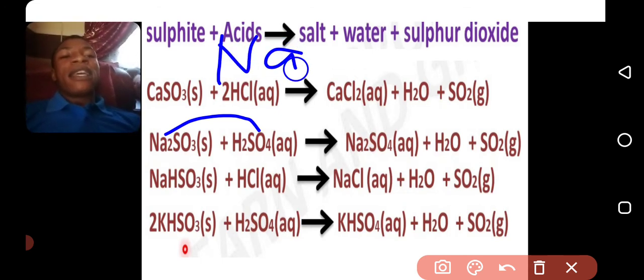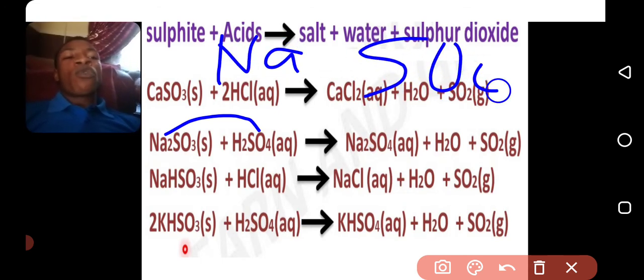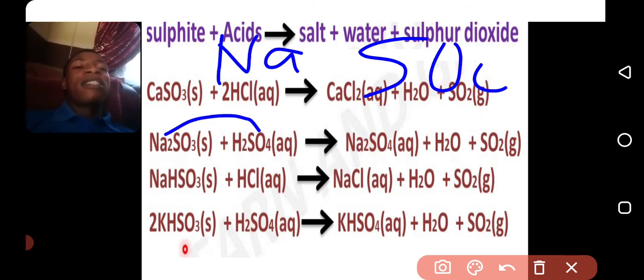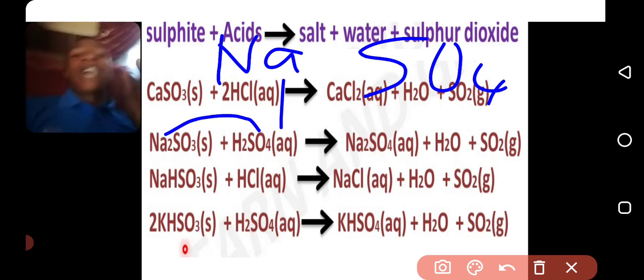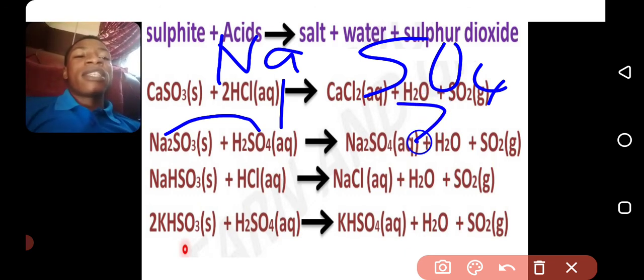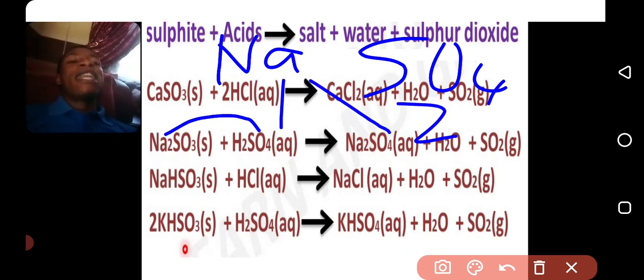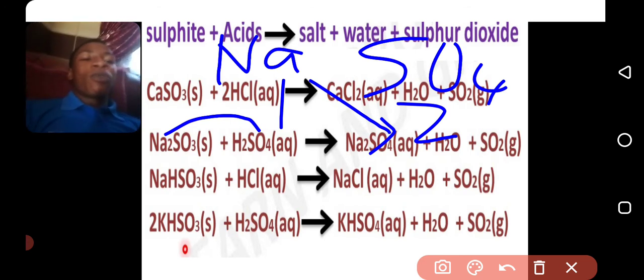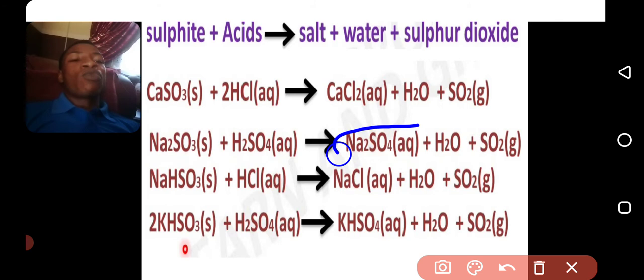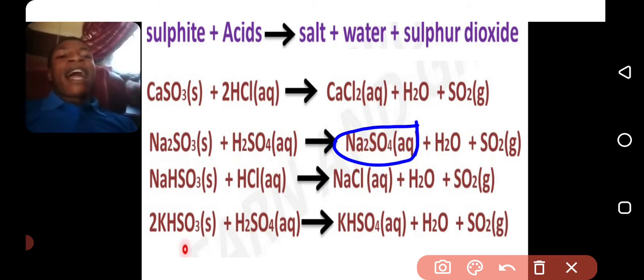The valency of Na is 1. We know that already. SO4 is 2 minus, so valency is 2. So you're expecting Na2SO4, isn't it? So that's what we have here, Na2SO4.